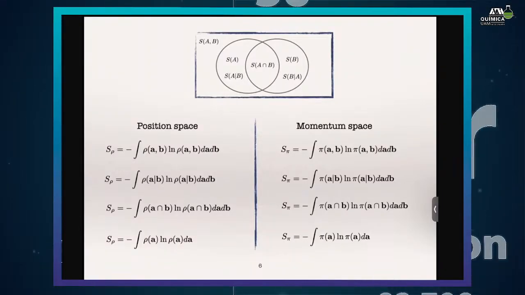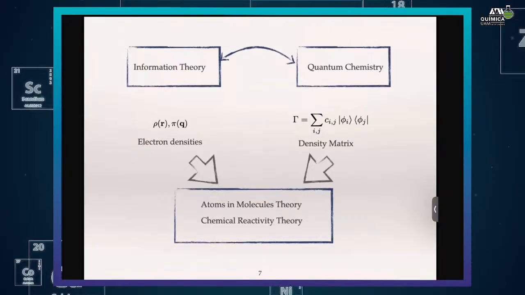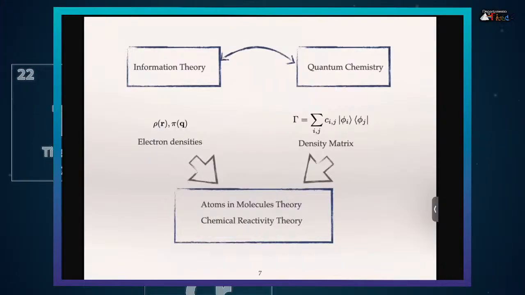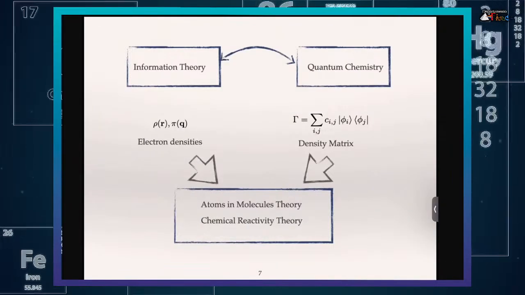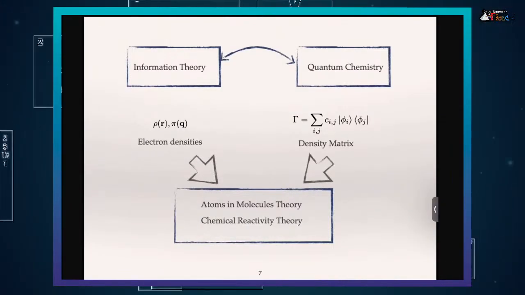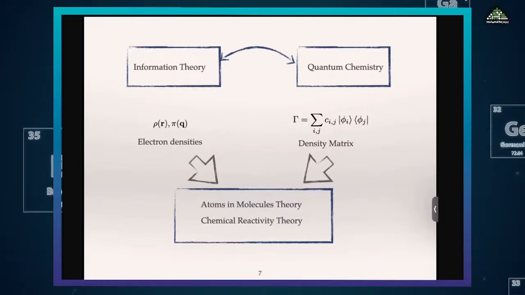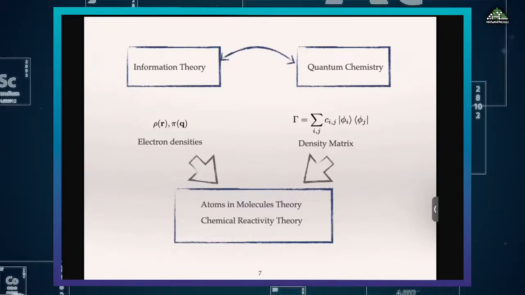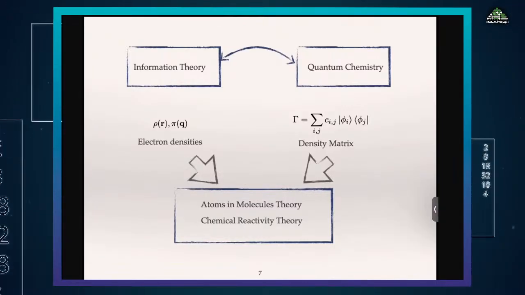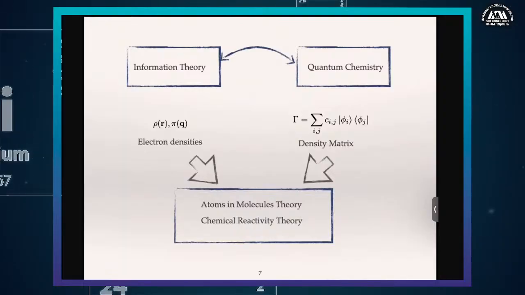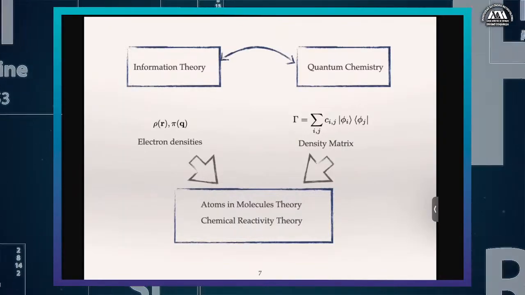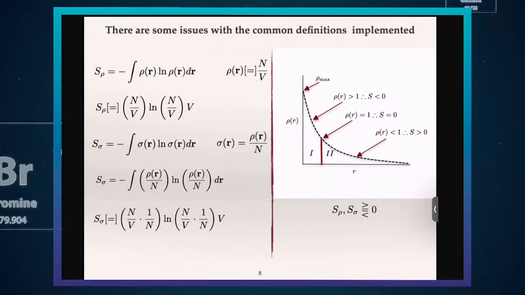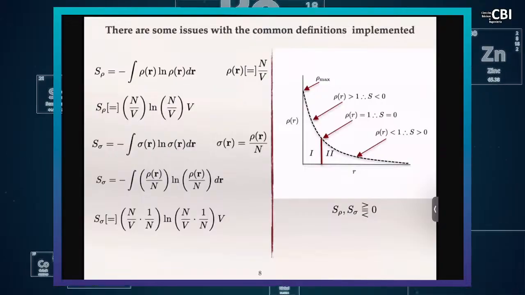But we can also make a link between information theory and quantum chemistry through the electron densities and the density matrix. This permits us to study the theory of atoms and molecules and chemical reactivity theory. However, as we mentioned before, we need to be careful with these expressions, and this is as follows.